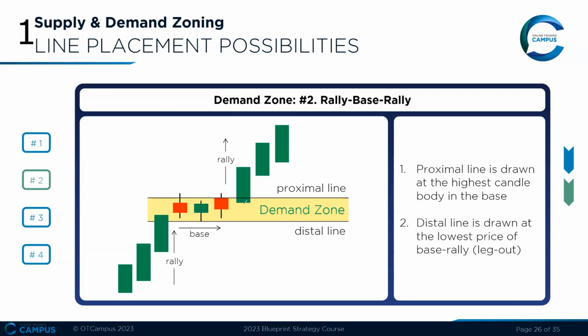So if, for example, the leg out had a wick that went to here, then this would put our distal line right there. However, if the leg in had a wick here, it doesn't matter, right? We just look at the base and the leg out.